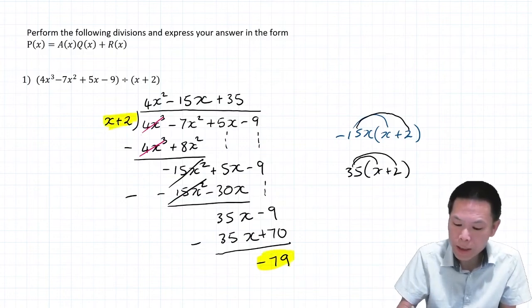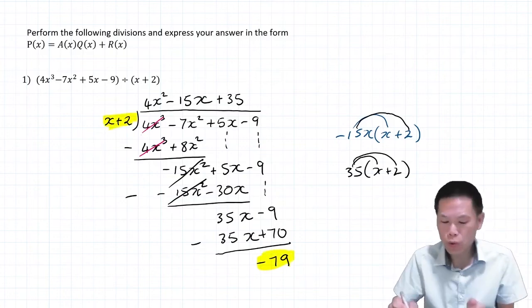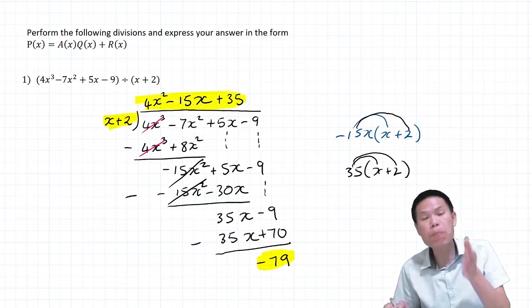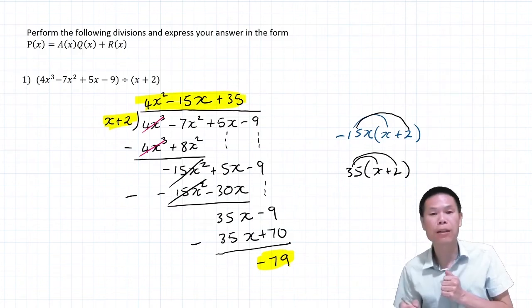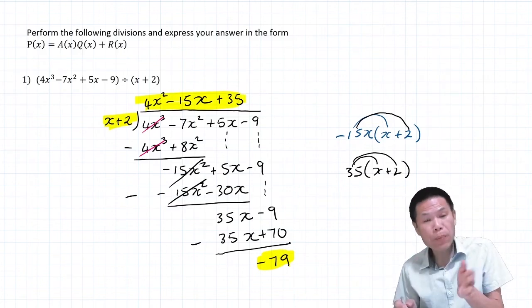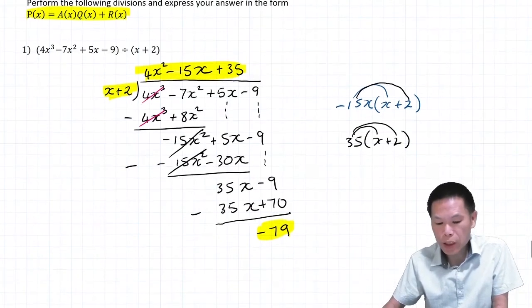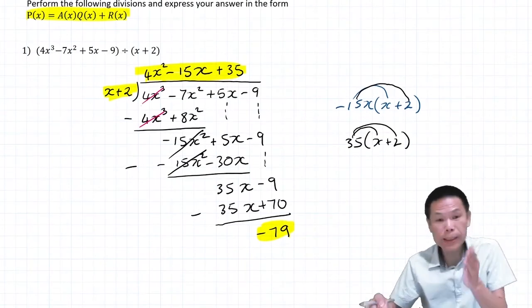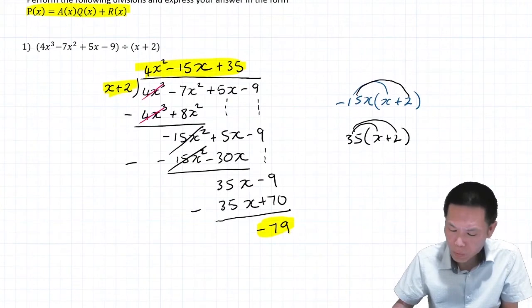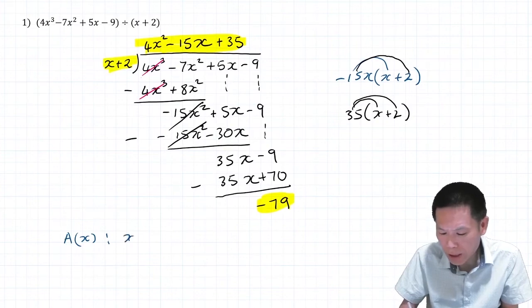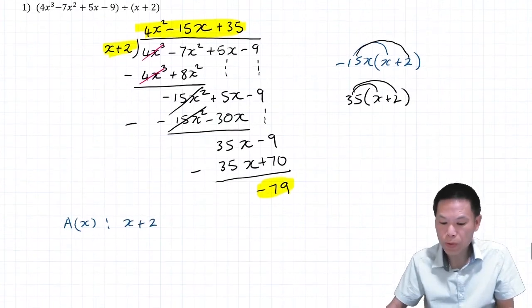The divisor is x plus 2, and the quotient is 4x squared minus 15x plus 35. So if I want to write the answer in this form, I can just quickly write it out for you so you can see. So we go: the divisor A(x) is equal to x plus 2.